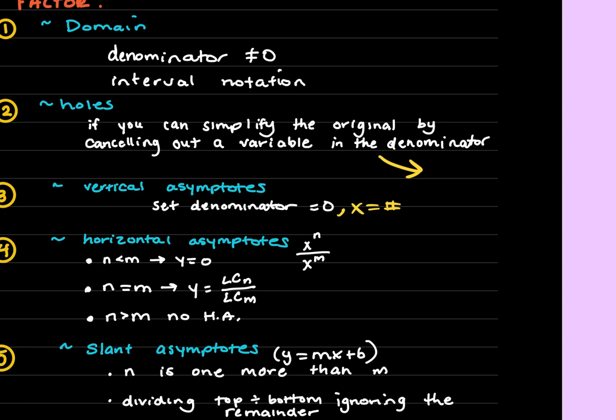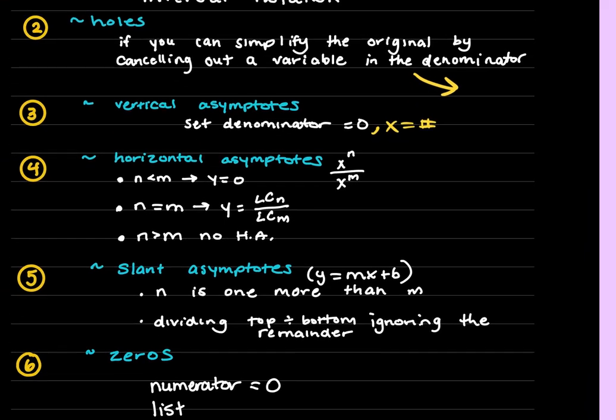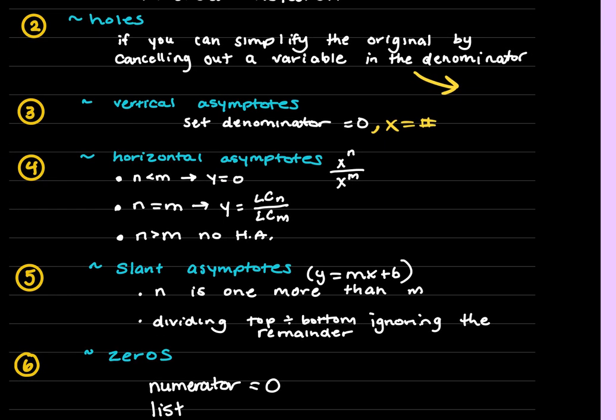If they're equal, it's the leading coefficient of the numerator over leading coefficient of the denominator. And if it's greater than, then there's no horizontal asymptote. Then I go to slant. Slant is if the exponent in the top is 1 more than the bottom. We divide the top by the bottom and ignore the remainder, and this answer is in your y equals mx plus b format. So all of the asymptotes have to be equations.